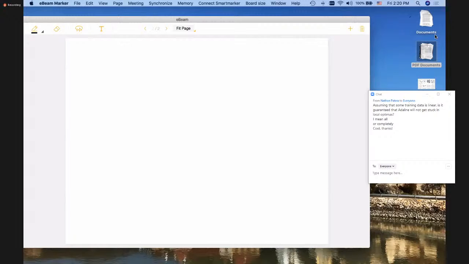So let's talk about logistic regression. I made the comment, I think, at the beginning of the week that in some respects, logistic regression falls somewhere between the perceptron and naive Bayes.